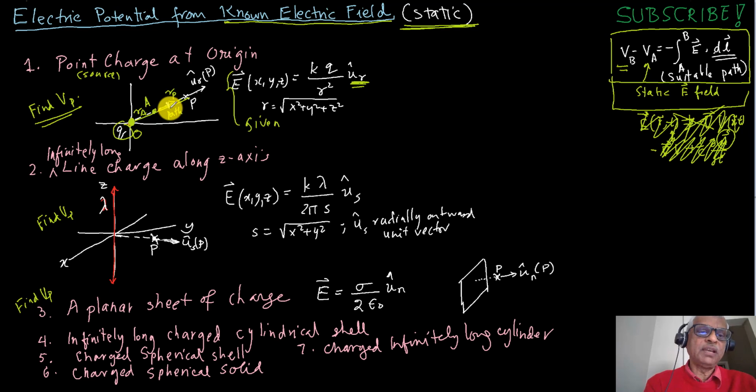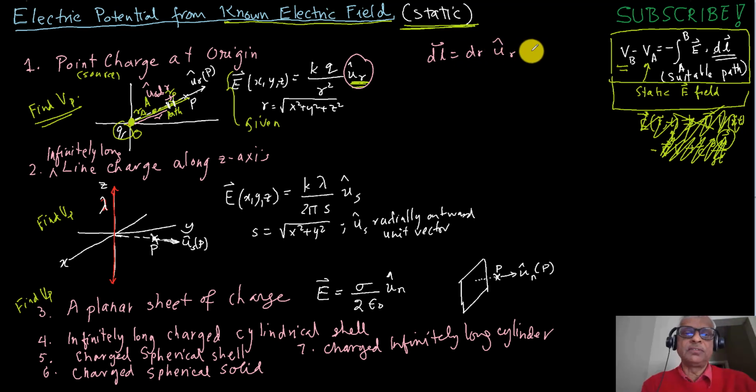So dl will be a little path at distance r, dr in the same direction as r-hat. Since these are in the same direction, E dot dl simply becomes kQ over r squared dr.